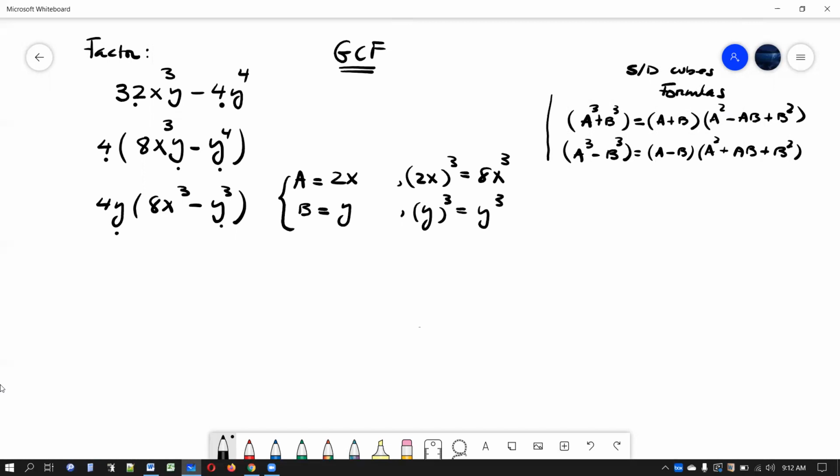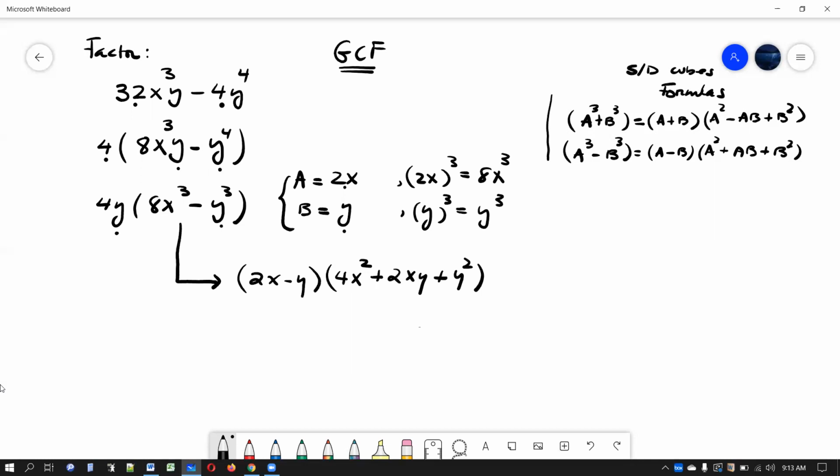I found the A and B. Now, for this part, I am going to apply the formula, the negative formula, right, which is A minus B. So here's my A, here's my B. 2x minus y, A squared, and you already know 2x squared is 4x squared, plus AB, 2x times y, 2xy, and you can write 2yx, it's fine, and plus B squared, y squared.